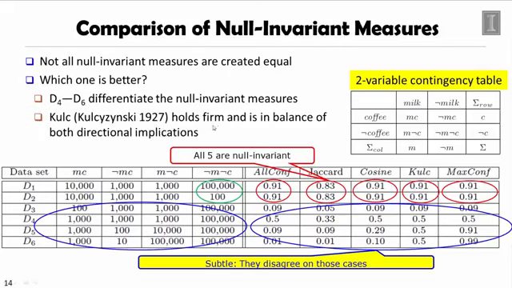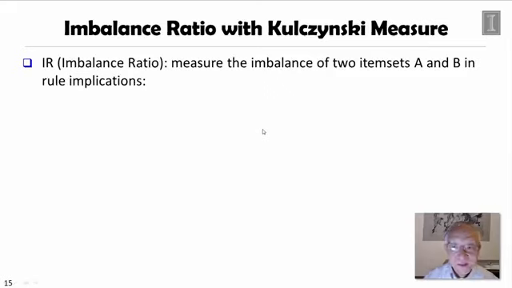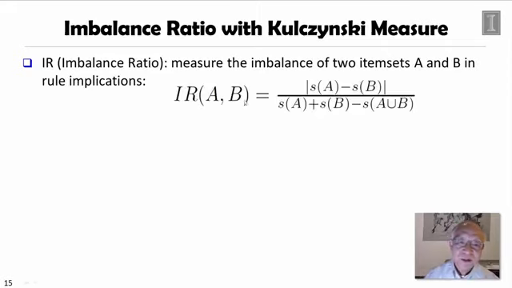We can see the Kulczynski measure holds firm in these very imbalanced cases, where the ratio is balanced on both sides, and it holds firm at 0.5. That looks interesting. But on the other hand, we also know some of those cases are very imbalanced. We may want to introduce another measure called imbalance ratio. The imbalance ratio is introduced in the sense that the support of itemset A and the support of itemset B, their difference plays an important role in this imbalance ratio computation.